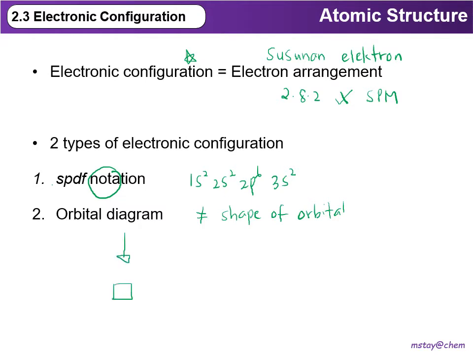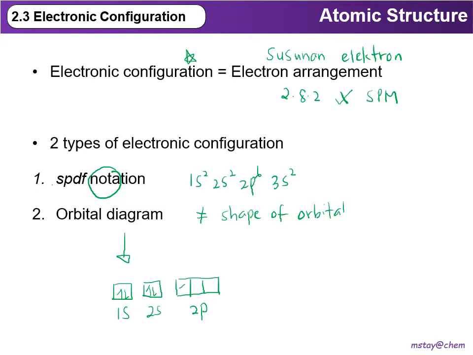The first box is 1s, which can fill 2 electrons. The second box is 2s, which can fill 2 electrons as well. The next box is the 2p orbital, but as we know, we have px, py, and pz. That's why here we have 3 boxes that represent the 2p orbital.